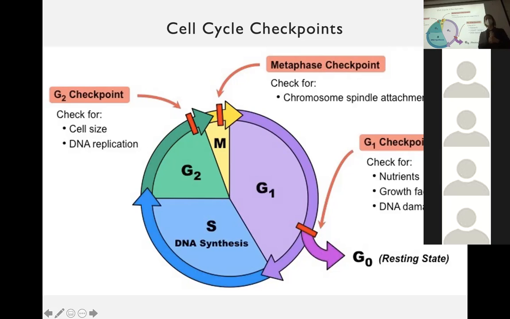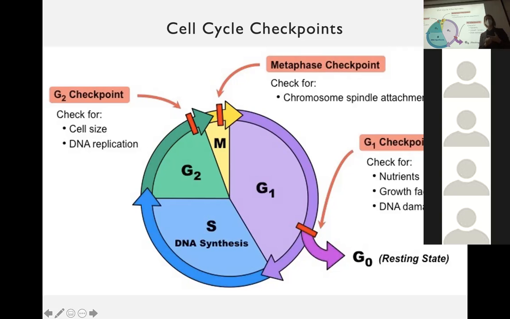If they're not correctly attached, each cell might not have the right amount of DNA. So 2 chromatids might end up going to one of the cells, whereas the other eventual cell will get 0. So having those spindles attached correctly ensures that those chromosomes, which each have 2 copies of the DNA, will be split in half perfectly. So those are the 3 checkpoints you want to be familiar with.